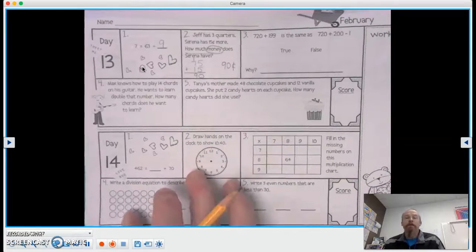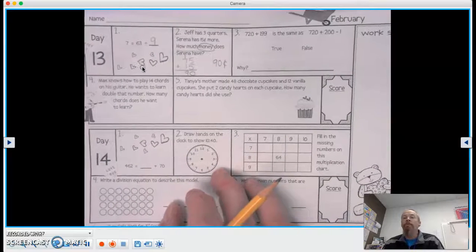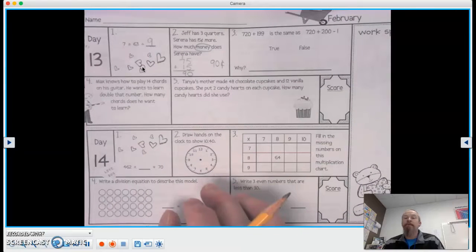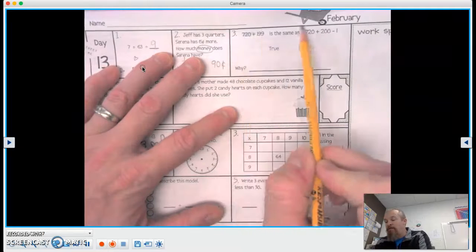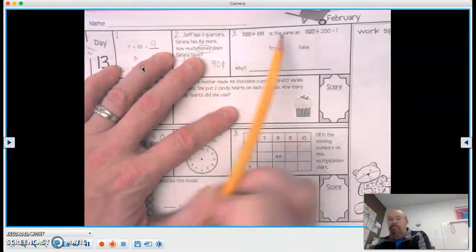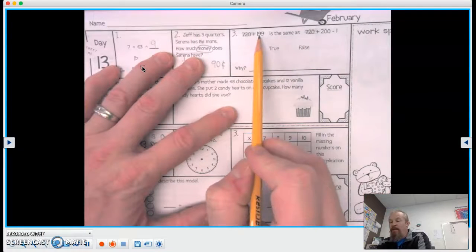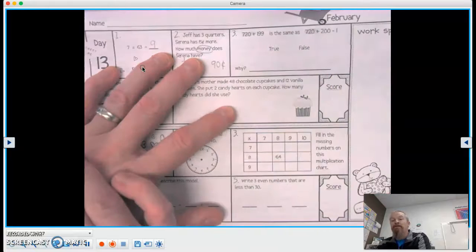Okay, number 3, 720 plus 199 is the same as 720 plus 200 minus 1. So if we just take away the 720 plus, does 199 equal 200 minus 1?